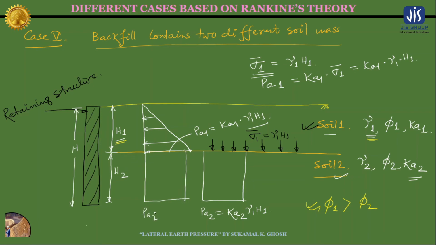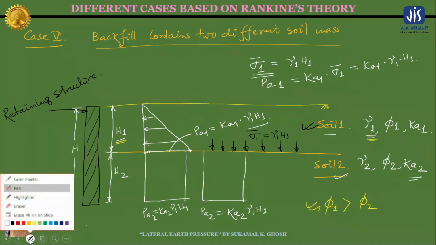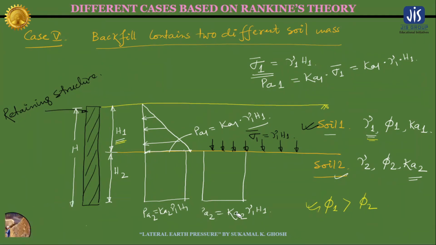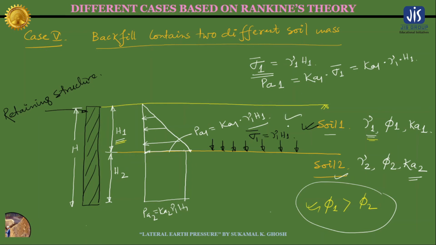This Pa2 equals Ka2 gamma 1 H1. And let me rub it. So keep in mind that in this particular case we have considered that phi 1 is greater than phi 2. So now we have already calculated the active earth pressure due to the first layer and the active earth pressure due to the uniform surcharge.